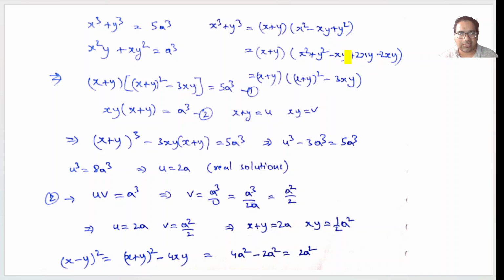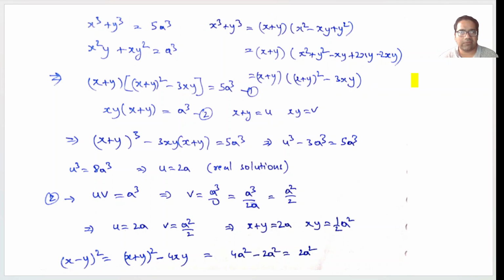There is one xy minus xy and there is another minus 2xy. This becomes x plus y whole squared minus 3xy, times x plus y. Because instead of cubes, now we are trying to get in terms of x plus y and xy. Now, this is the first term.